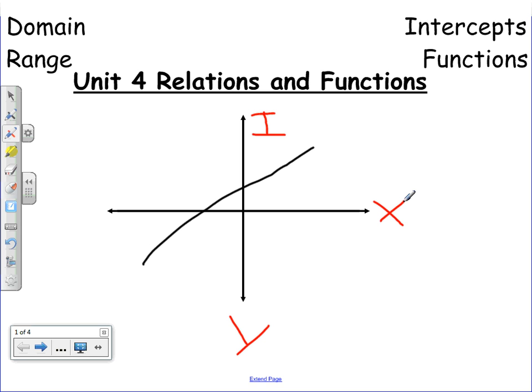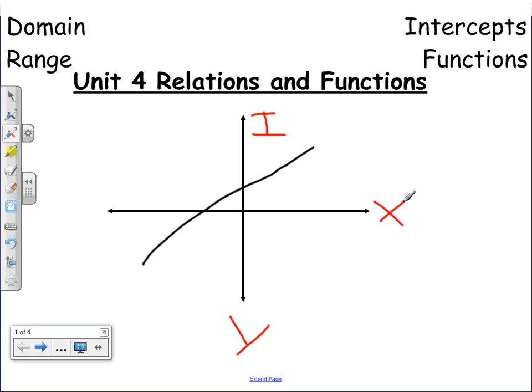A function is one where for every individual x value, there's an individual y value. If we took this line right here and looked at it, for every value of x, there's only ever one y. So it's a function.